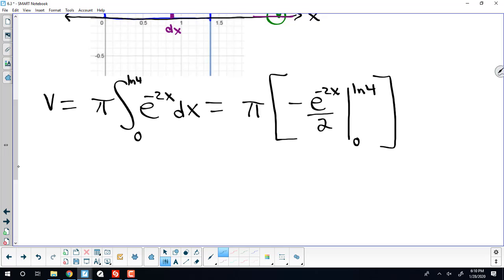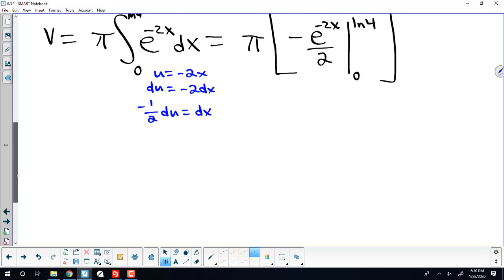Hopefully you don't need to, but you could do a u substitution here, and then this becomes the integral of e to the u du.